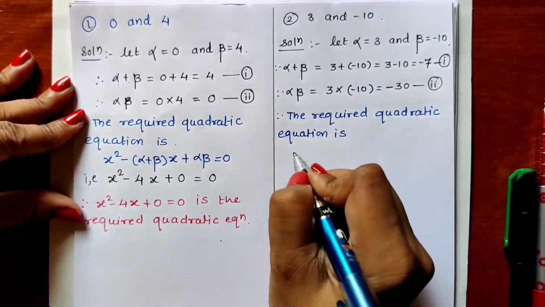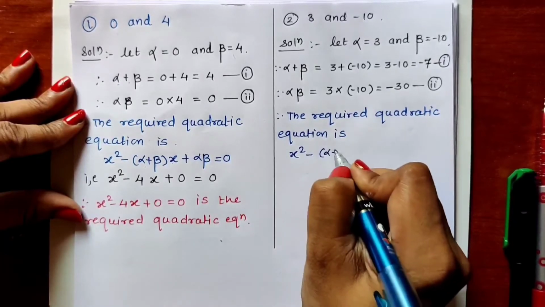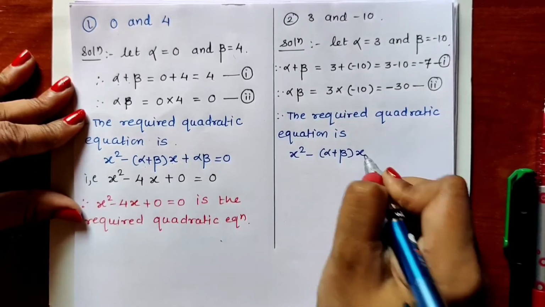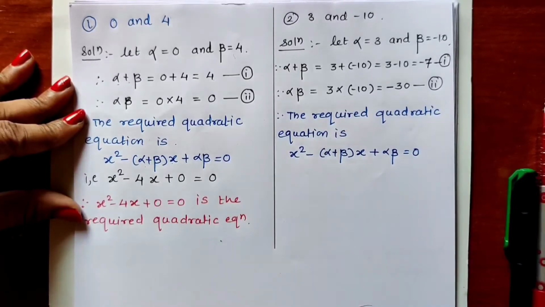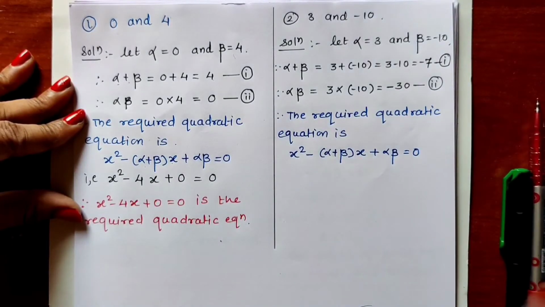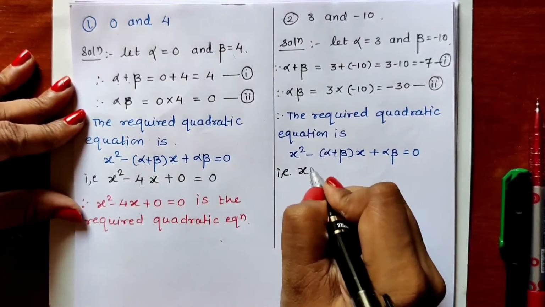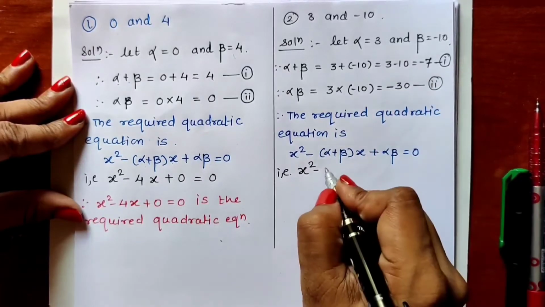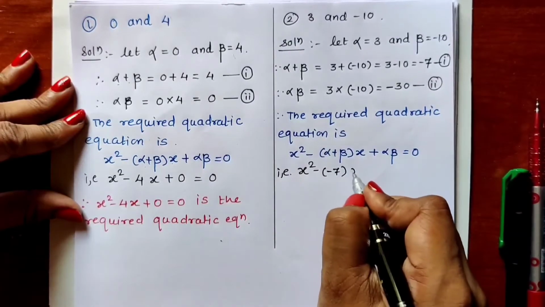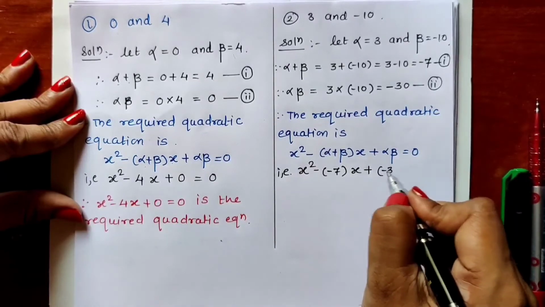We write the format of required quadratic equation: x square minus alpha plus beta into x plus alpha beta is equal to 0. Now put the values of alpha plus beta and alpha beta. x square we write as it is, minus alpha plus beta. Alpha plus beta is minus 7 into x plus alpha into beta is minus 30.